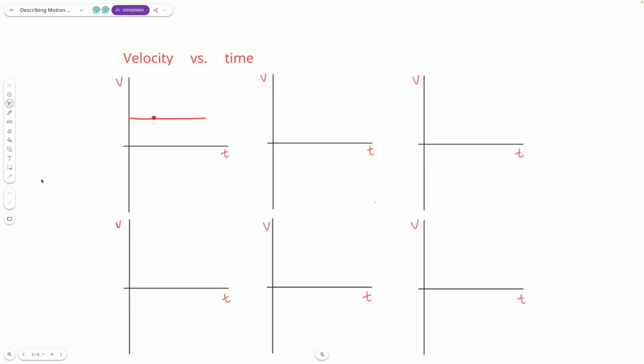If it's above the x-axis, we're up in this positive velocity region. Let's imagine we had a number that went with this, like 4 meters per second. This would be an object that has a positive constant velocity. So it's moving in the positive direction at a constant speed.